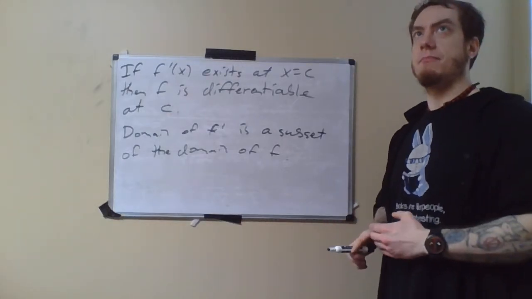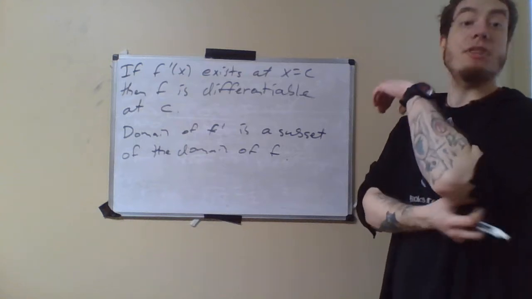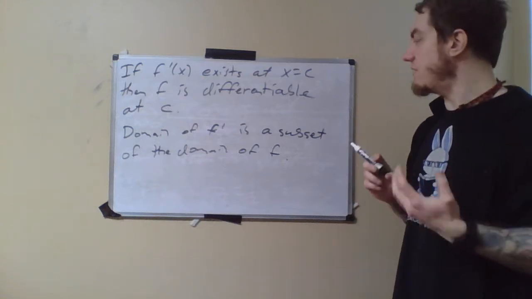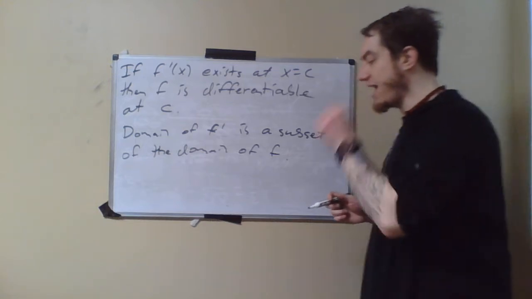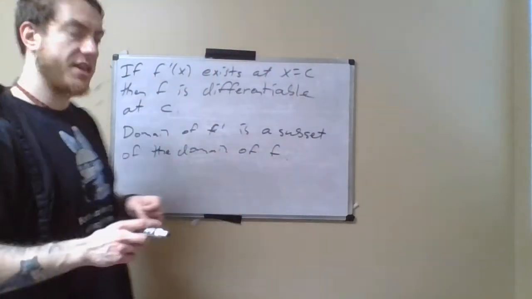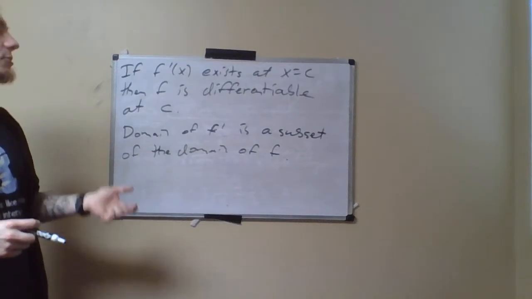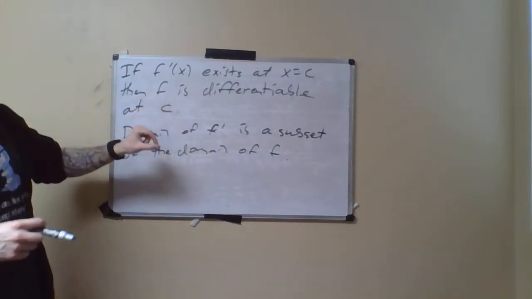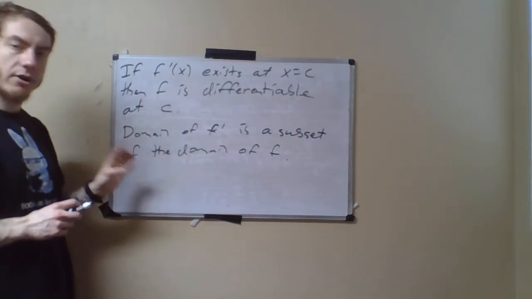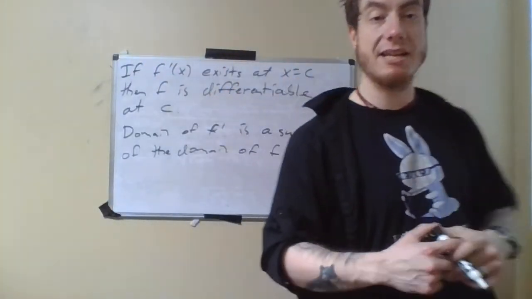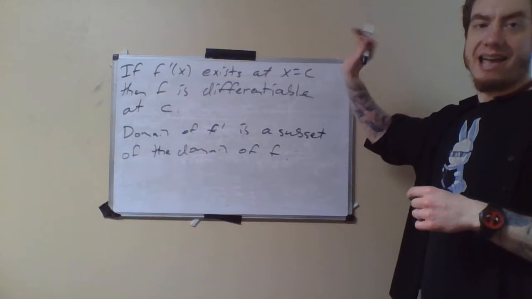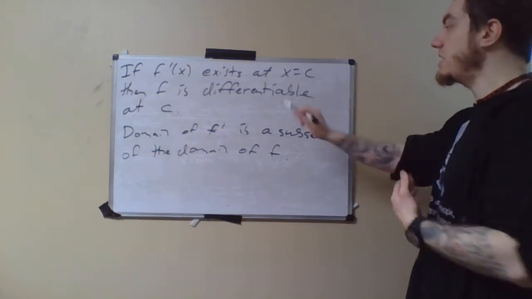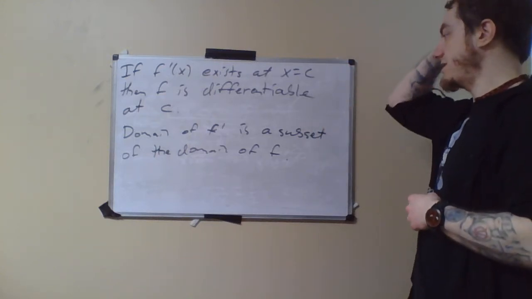I mean, when you really spend a moment thinking about it, how could we define the derivative if the function itself isn't defined? We can't do it. If you go back to our definition, the definition requires us to be able to evaluate f at whatever value we're interested in, because we're taking the limit as h goes to 0, but we do need to be able to actually take that f of x as well. So we do need to have the function itself defined.